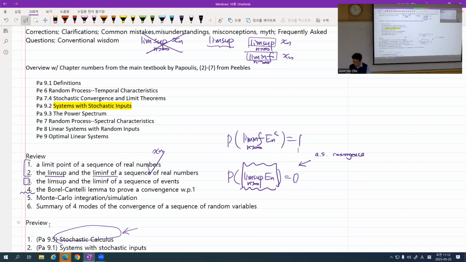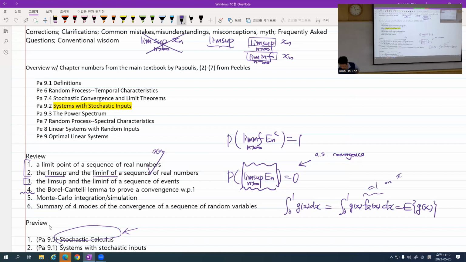So given some problem like this, you view it as the expectation of g of X, where random variable X is uniform on [0, 1].